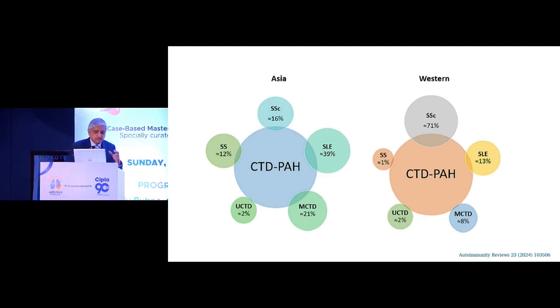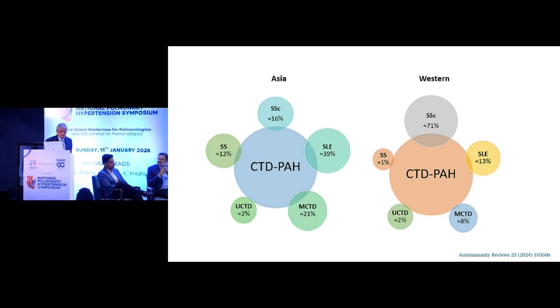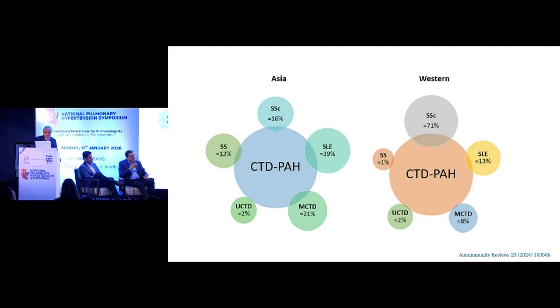Are we seeing more lupus-related and MCTD-related pulmonary arterial hypertension as compared to what is seen in the West? Because there is a variation in the registry data if you look at data from China, Taiwan, Japan as compared to the West.